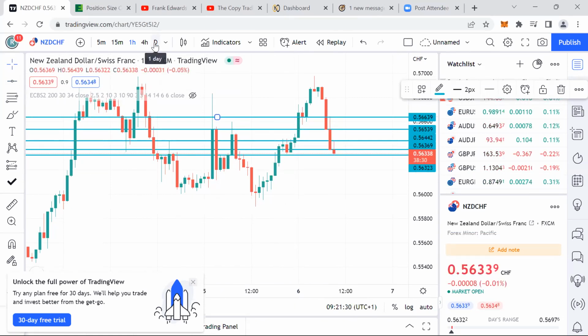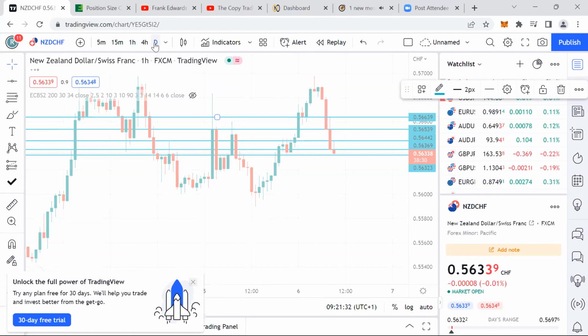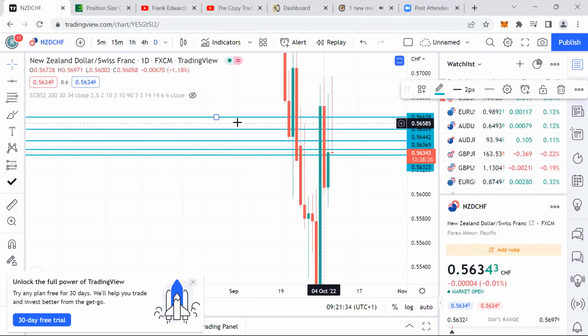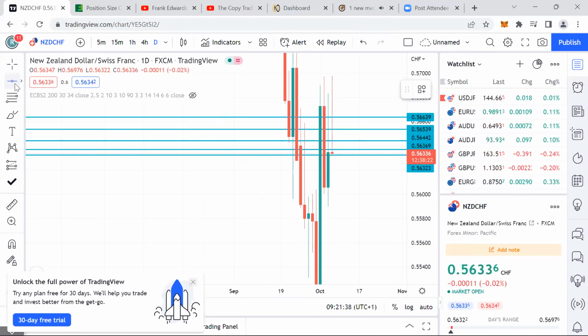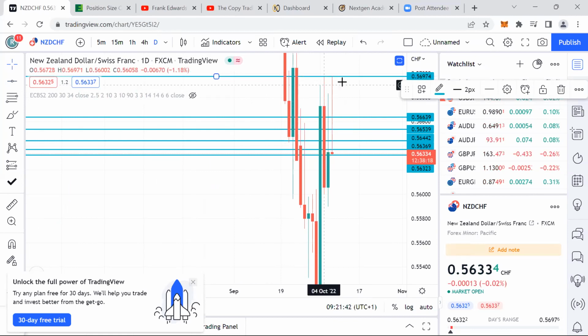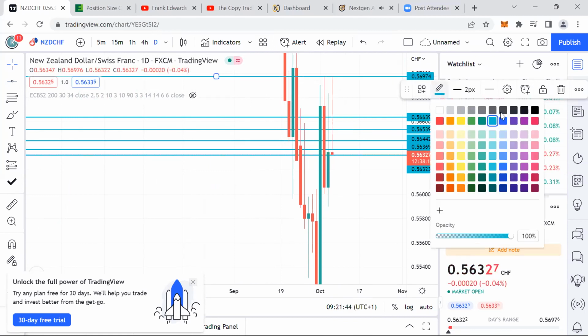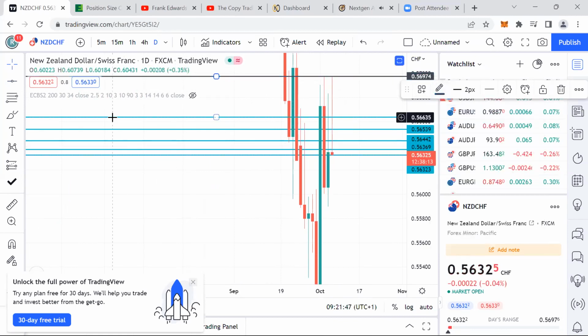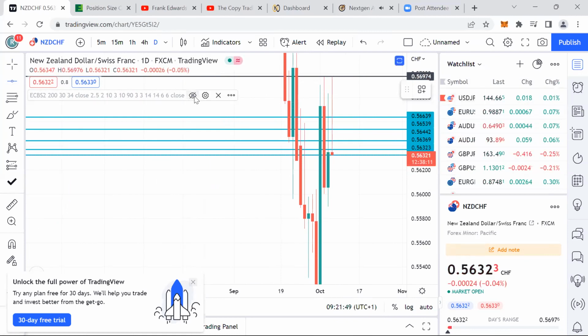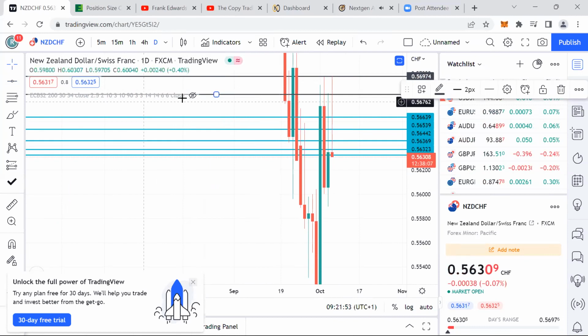So we can actually go on daily if you like. This is daily. The daily areas are quite far apart.